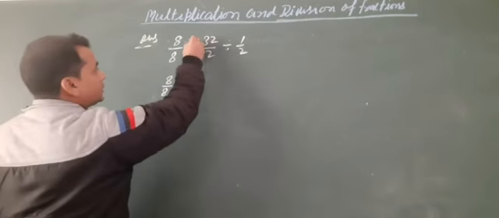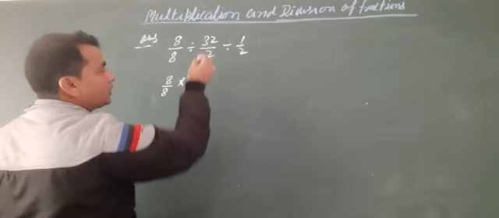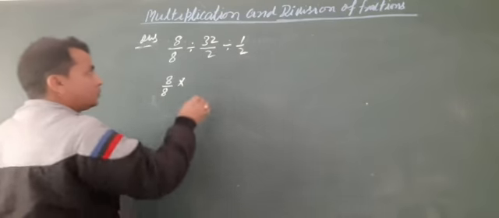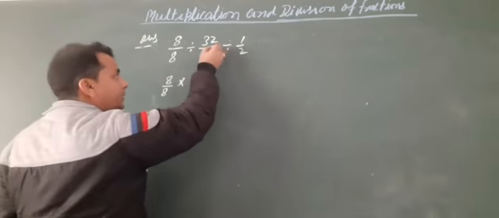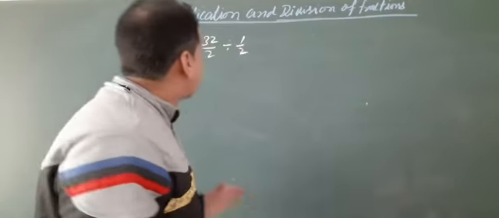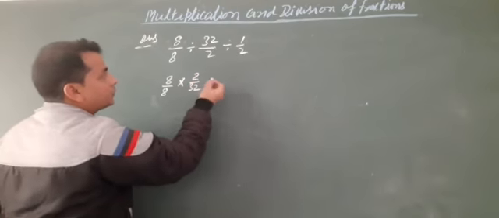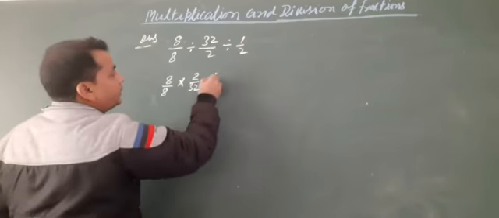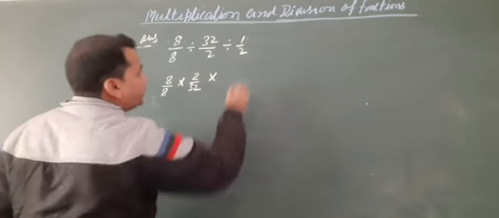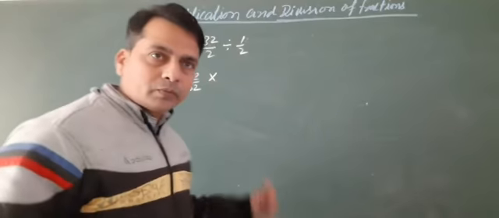So here the sign of division becomes into, and the reciprocal of 32 by 2, the numerator and denominator are interchanged with their own positions. Then 2 by 32 into the reciprocal of 1 by 2, that is 2 by 1.